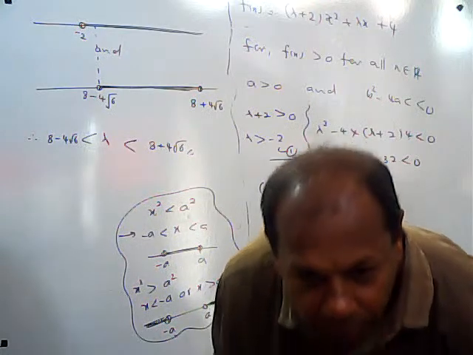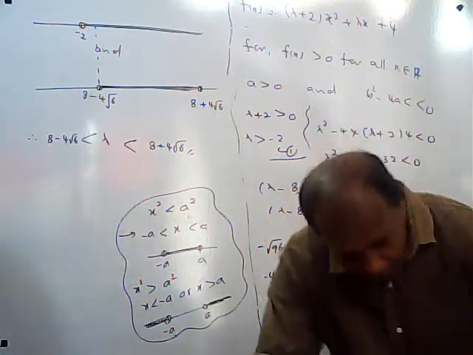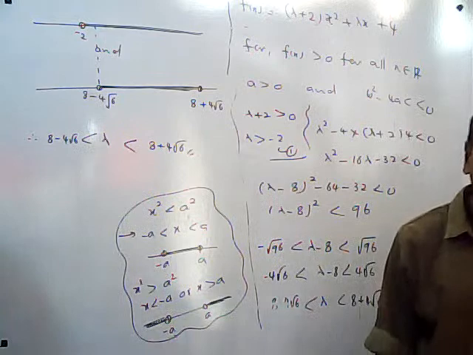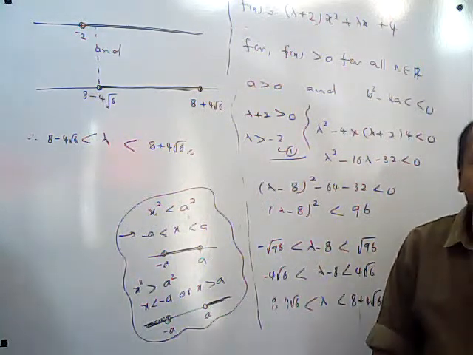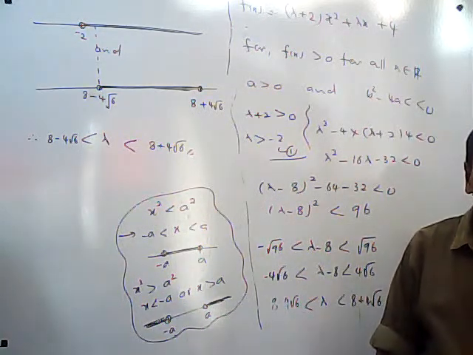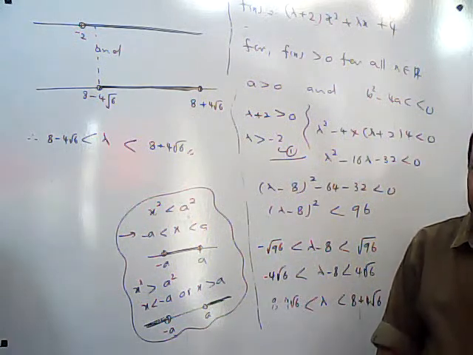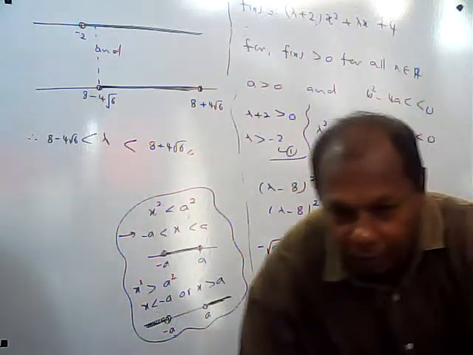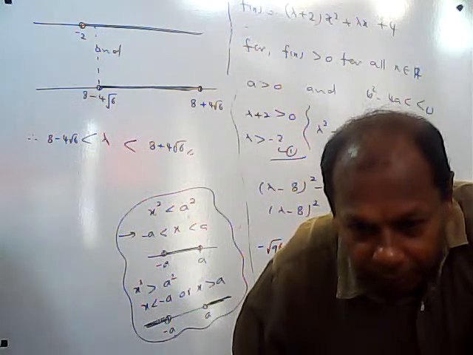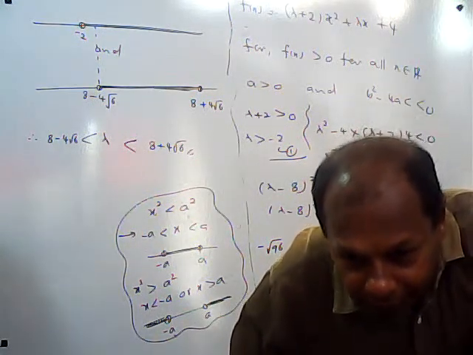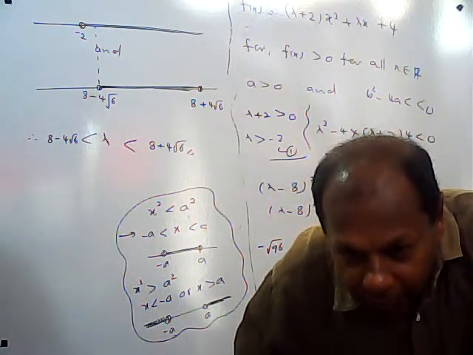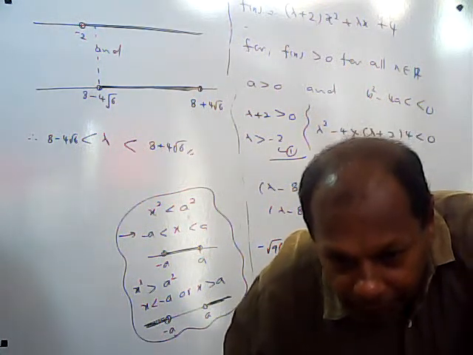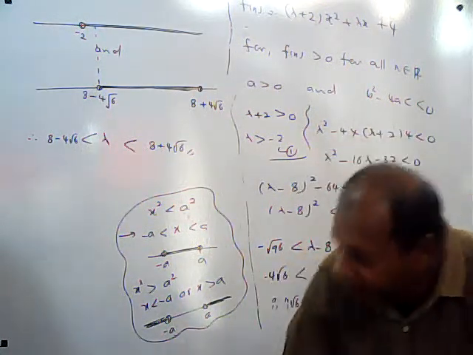2.4 is much closer. Let's take 2.4, it should be around 2.45. Minus 1.79, lambda between minus 1.79 and 17.9. This is okay.